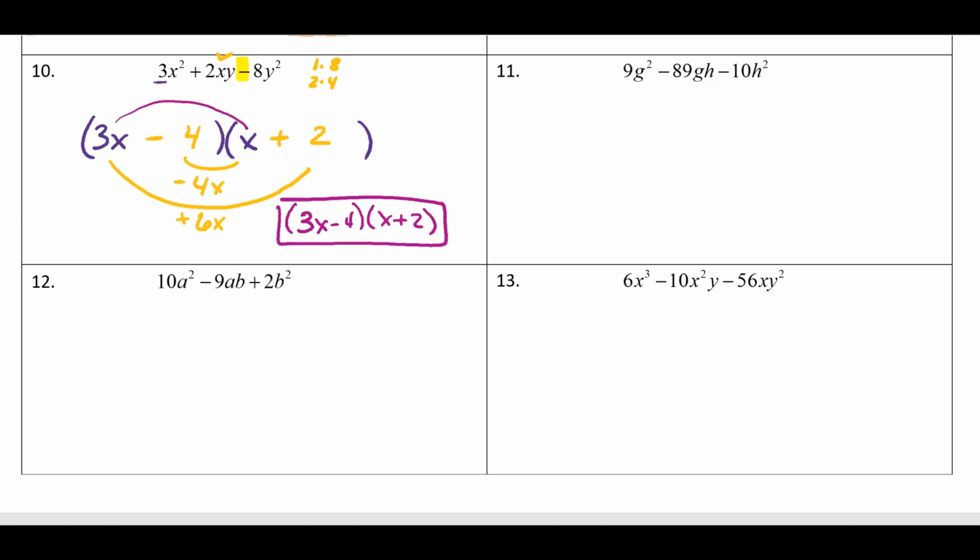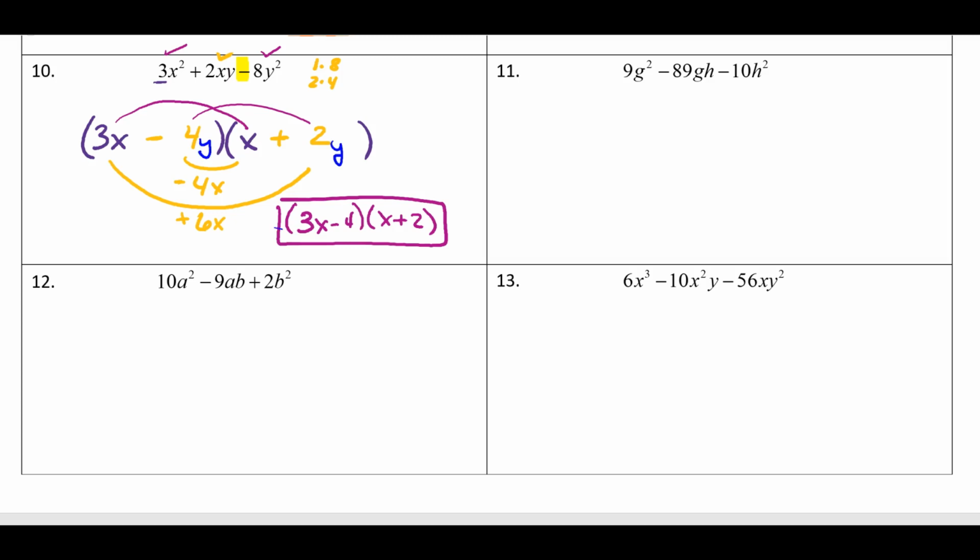And I'm also keeping in mind that I'm checking: 3x times x is 3x squared, and negative 4 times 2 is negative 8. Oh, but wait, we made a mistake. I forgot my y squared. So this is why you always go back and check. A lot of times when there's these double variables here, that's what students forget. They forget to tag on the y with the 4 and the 2.